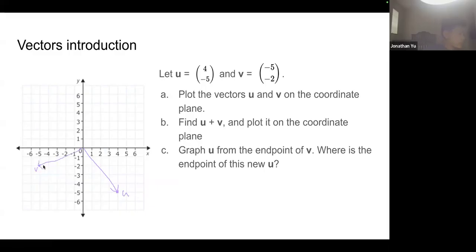Now for U plus V, we just add the corresponding components. So 4 plus -5 is -1, and 5 plus -2 is 3. So if we graph that on our coordinate plane, then the terminal point is here.